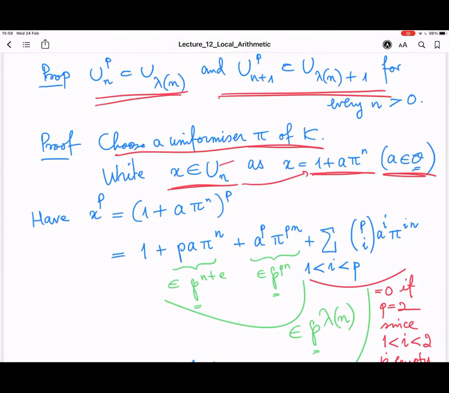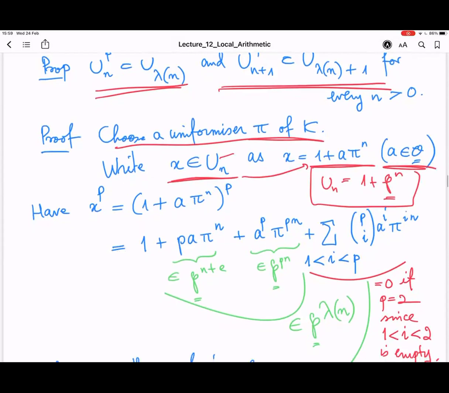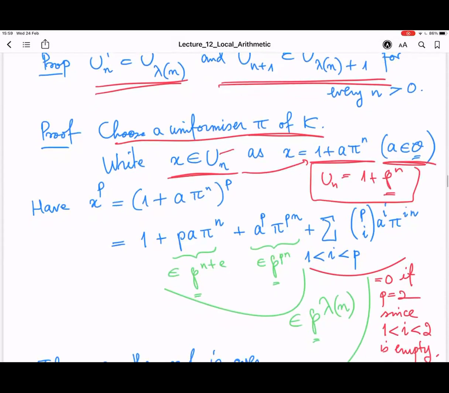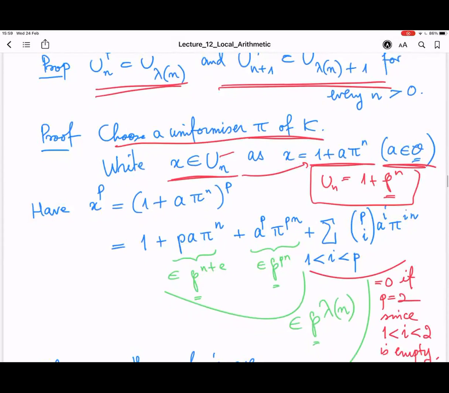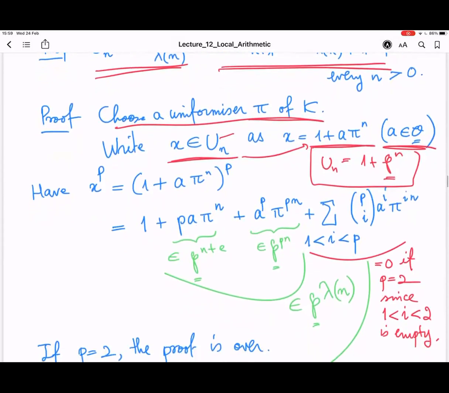Another way of saying what U_n is: just 1 plus P to the n. Every element of U_n is of the type 1 plus an element of the nth power of the ideal P.